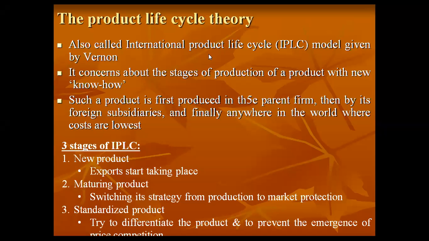Another limitation of this theory is that the requirement of specialized knowledge or expertise reduces the chances of locating production facilities in foreign countries. For example, the production of medical equipment could not be shifted from the USA, and the rotary printing process could not be shifted from Germany.